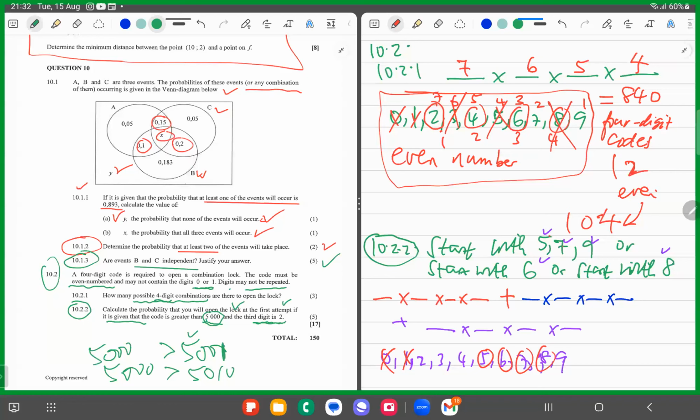If you start with 5, 7, or 9, it means therefore you have 3 choices for the first digit. Right. But you note that obviously you'd have a couple of things to consider. So you'd either start with 5, 6, or 7. So that gives you 3.